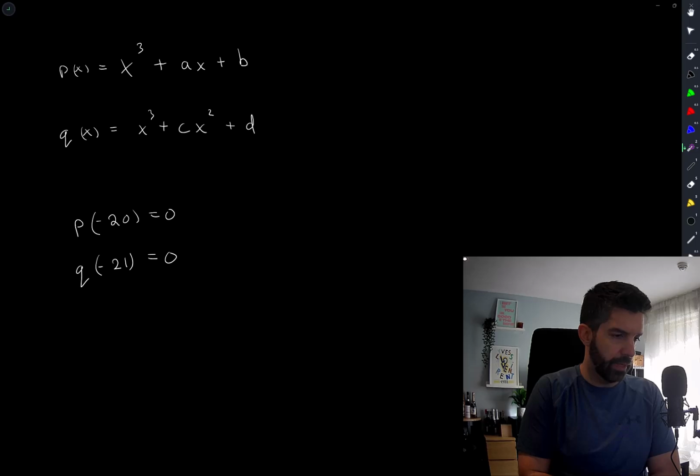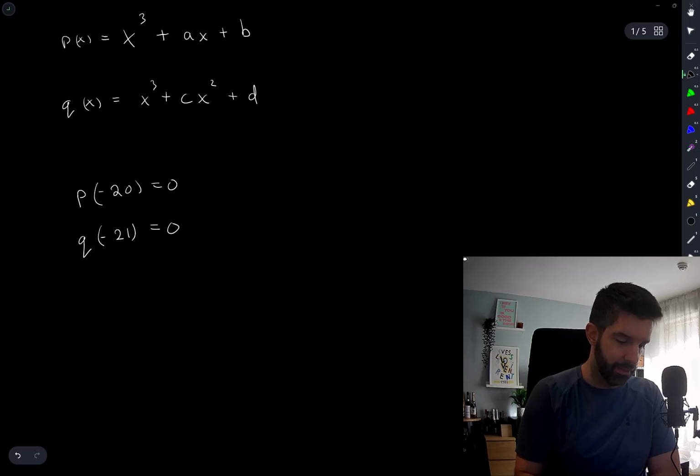When I factor this out, the remaining quadratic polynomial will still have real coefficients. I'm pretty sure it still has to have real coefficients in this case. And the same thing here. So I think the quadratic polynomials we get should be the same.